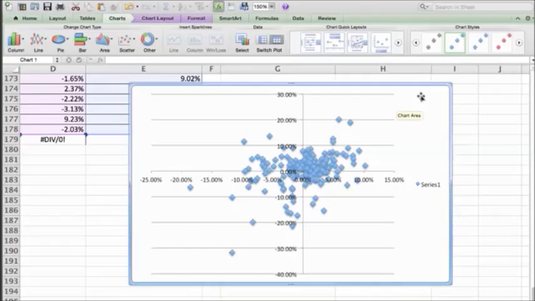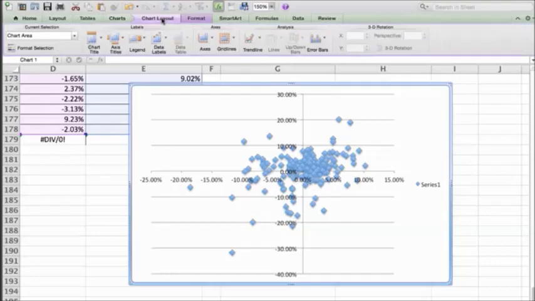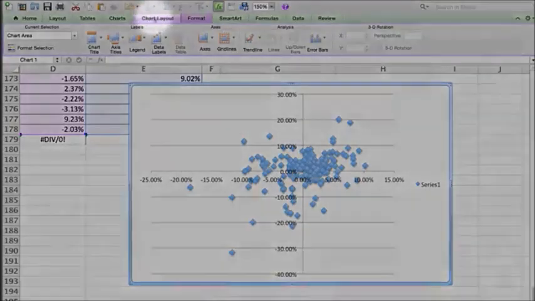This picture doesn't give us the descriptive statistics, but it gives us a general picture, which suggests that there's some association here, though not a high amount of association. So I can add the descriptive statistics I want by going to Charts, Chart Layouts, Trend Line, and now I am going to add a linear trend line.